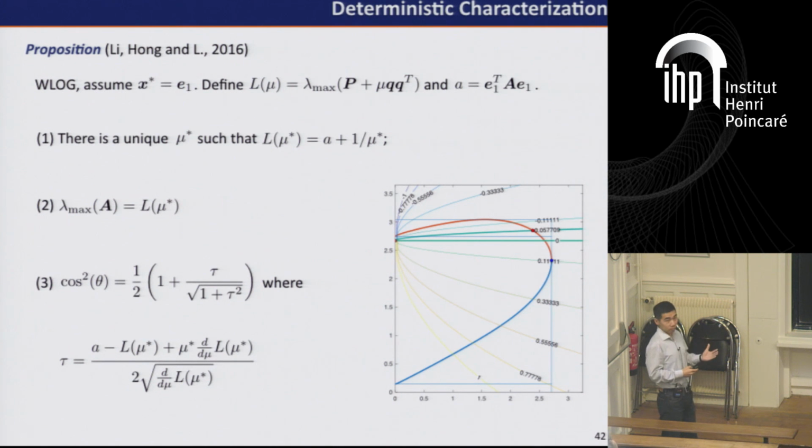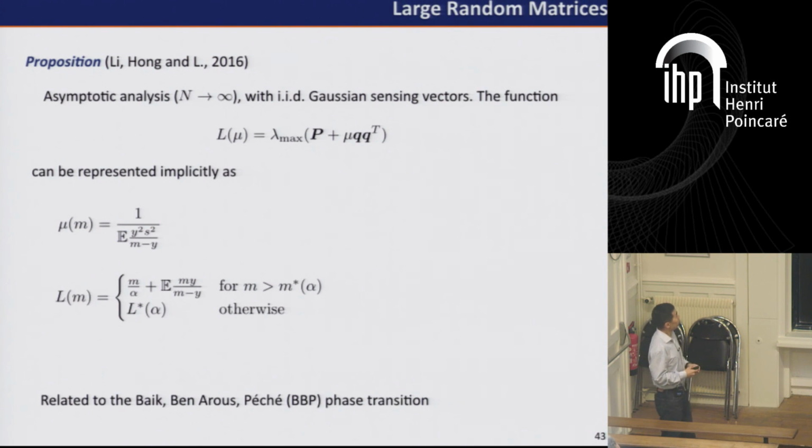But then to say more, because we want to compute this function, we consider the case when the sensing vectors are Gaussian, in the large n case. In that case, it turns out it is possible to compute exactly what this function is.